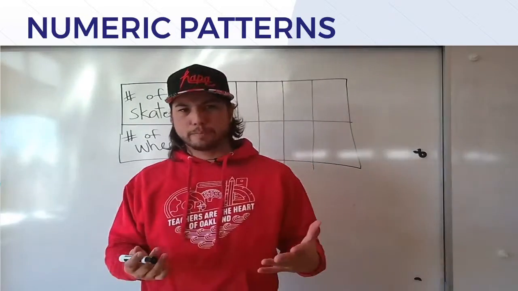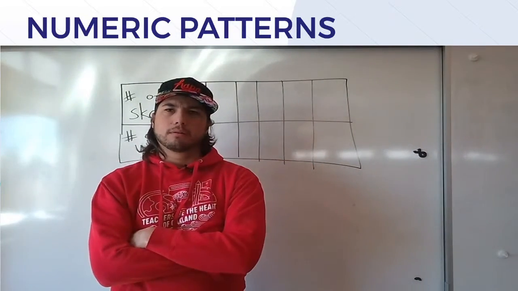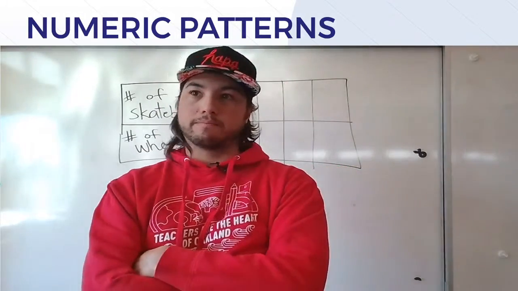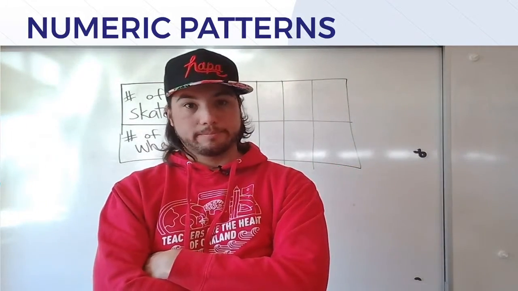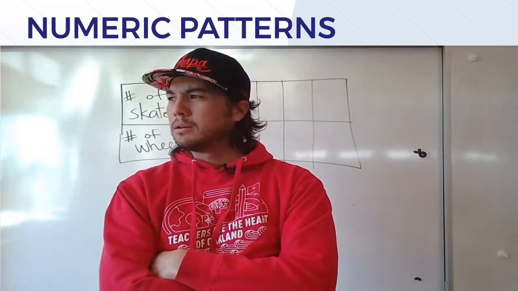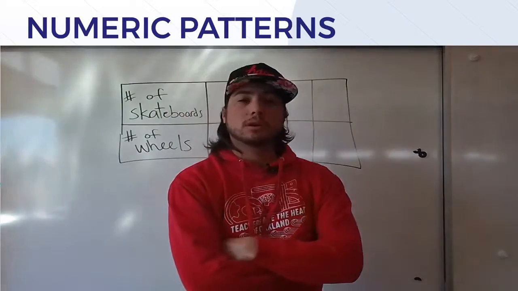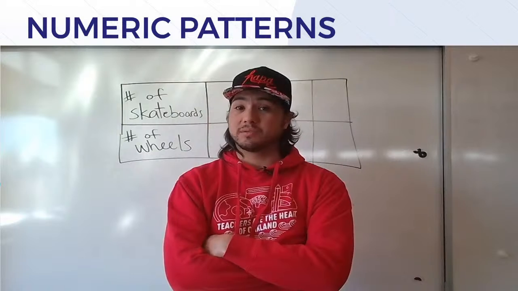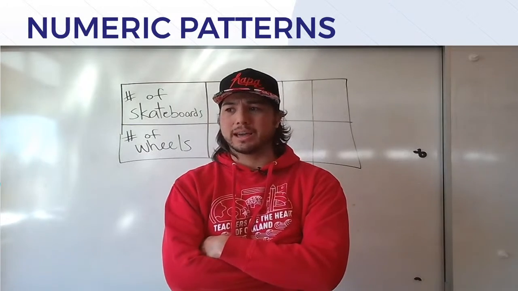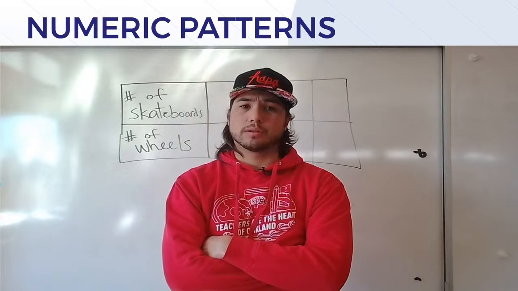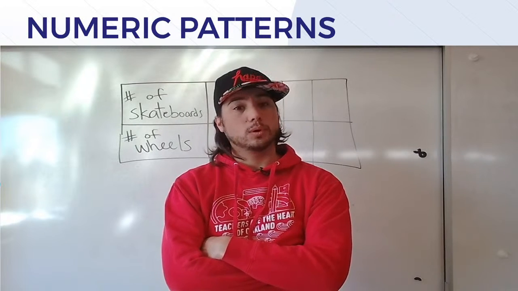But let's imagine we're purchasing some skateboards, and let's say we're starting a skate club at school. The skateboards we're going to buy don't come assembled, so we need to put them together ourselves. So we need to think about how many skateboards we are going to buy, and so how many wheels we are going to need to make sure that all the skateboards have wheels.